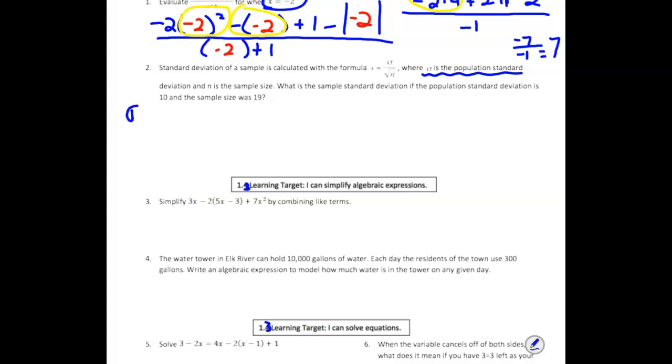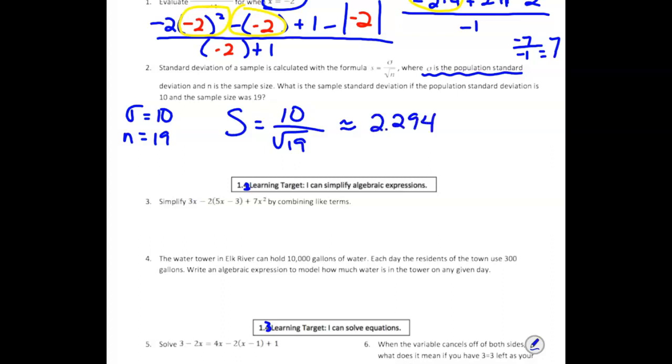So basically they're saying our sigma was 10 and our n value is 19. So our formula says S equals sigma, which is 10, divided by the square root of 19. Okay, using your calculator, we would get approximately 2.294 for that answer.